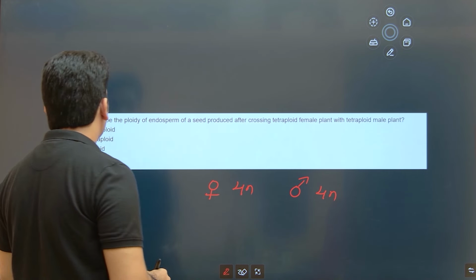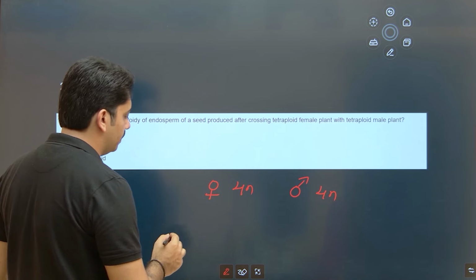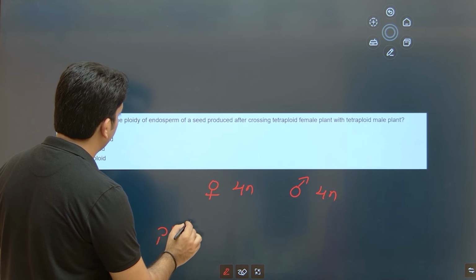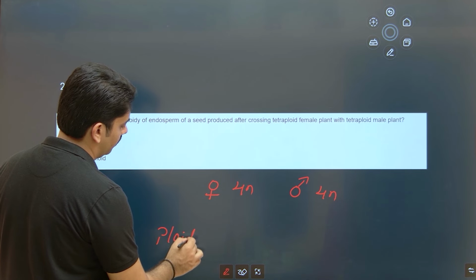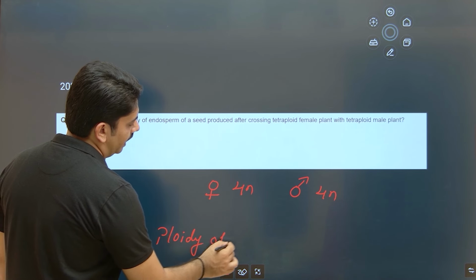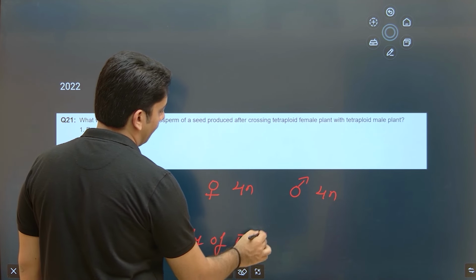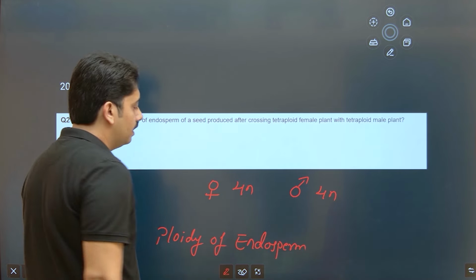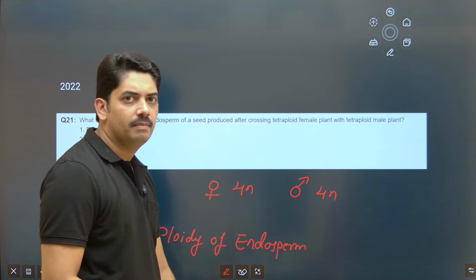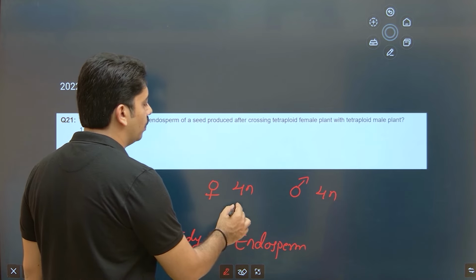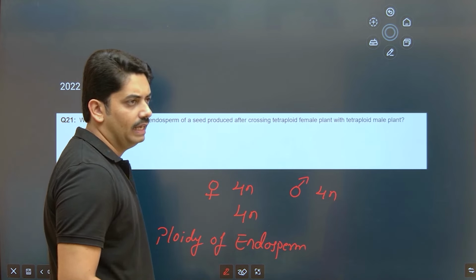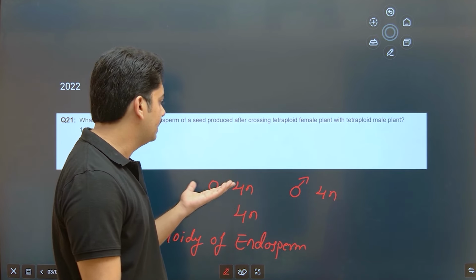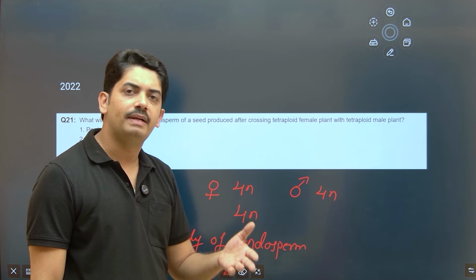You should find out the ploidy of endosperm. Now in female, the primary endosperm nucleus will be 4N only, because in diploid plants primary endosperm is diploid. That means in a tetraploid plant primary endosperm will be tetraploid.